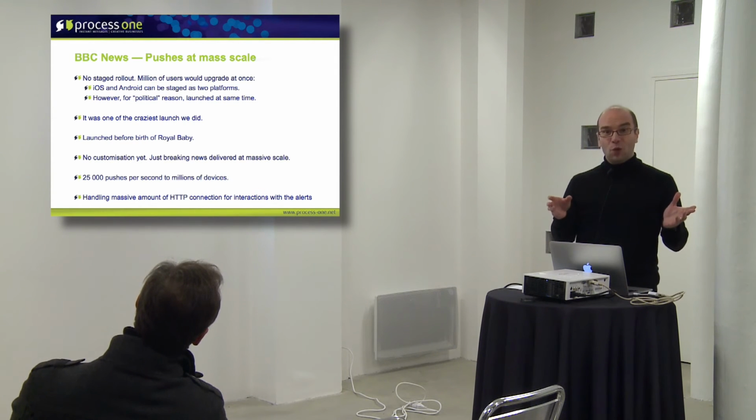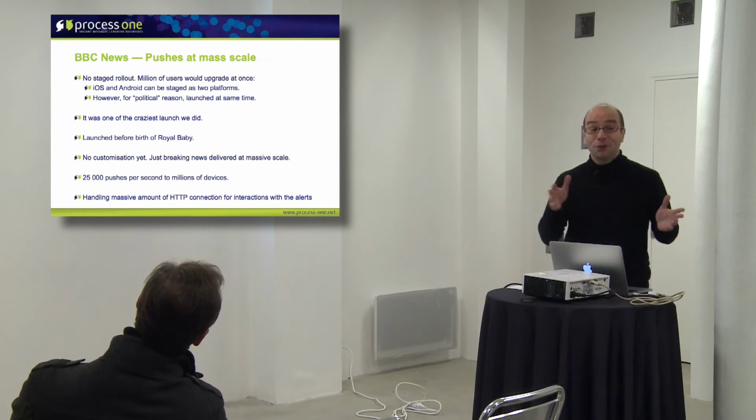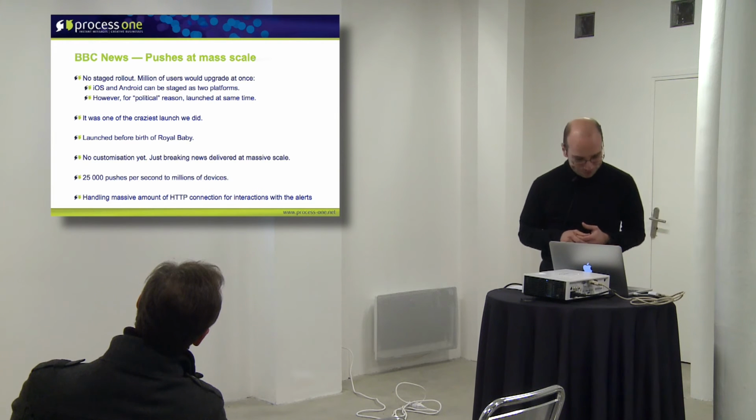So we had no profile at that time of how many users would register on our server in the first hours. No idea. In the first 2 hours, in the first day, no idea. So it was really very, very stressful.